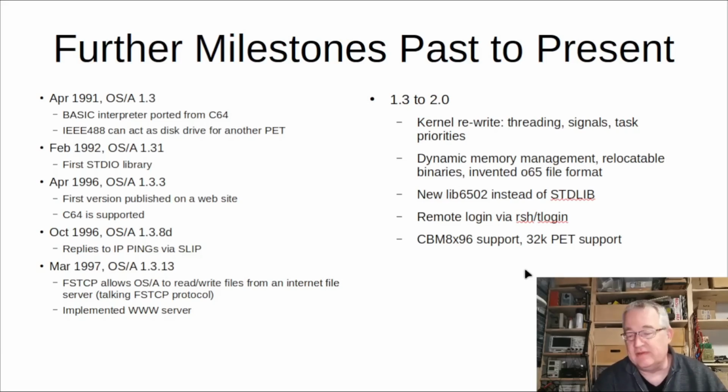For example, on the original PET, you cannot remove the kernel ROM, so you cannot put the kernel of GeckOS somewhere in the upper half of the address space. But the binaries that are loaded have an undefined label, and this is being resolved while loading. So late binding is implemented as well. And that also allows, with all that stuff, the relocatable file format, you can run the same binary multiple times at the same time in the operating system.